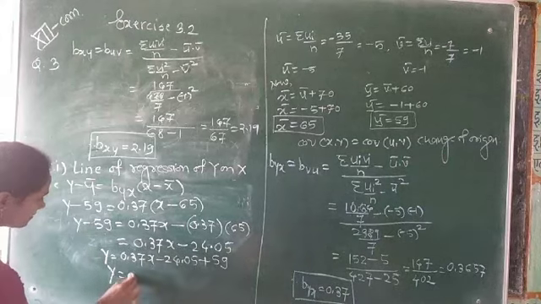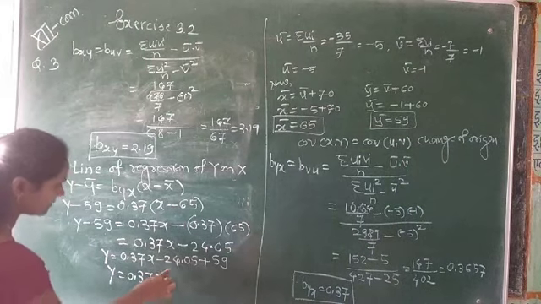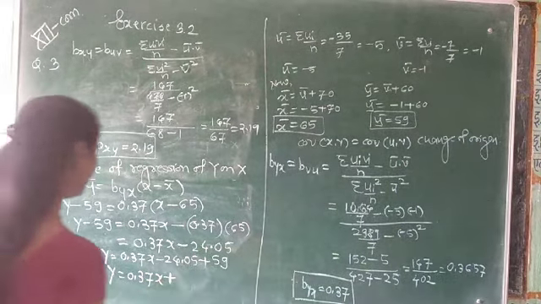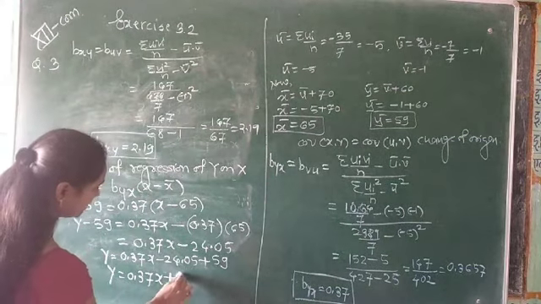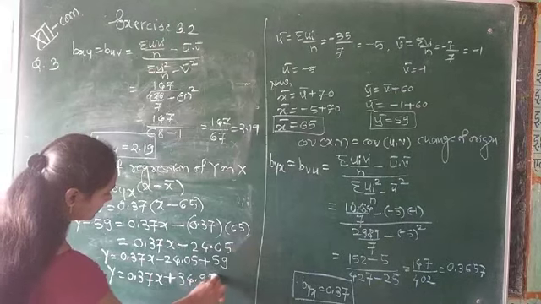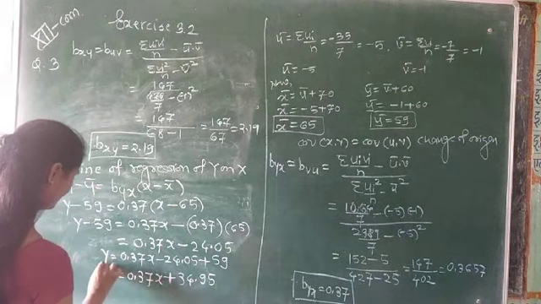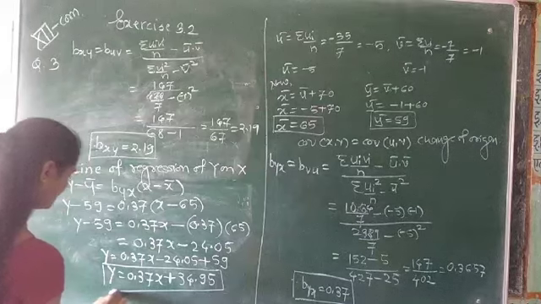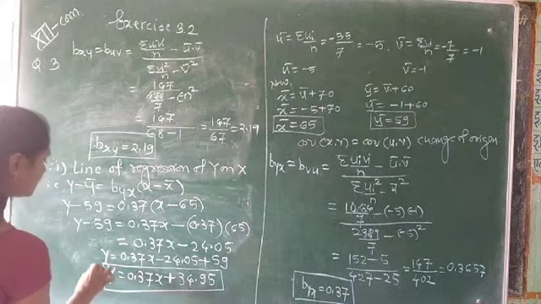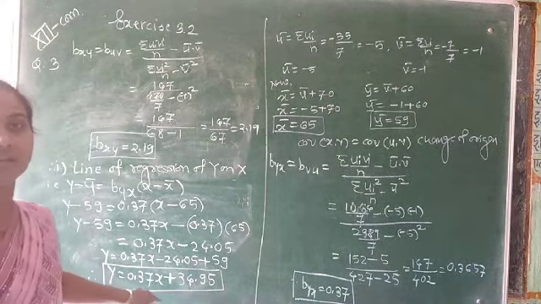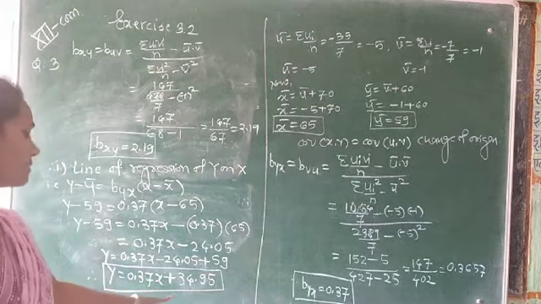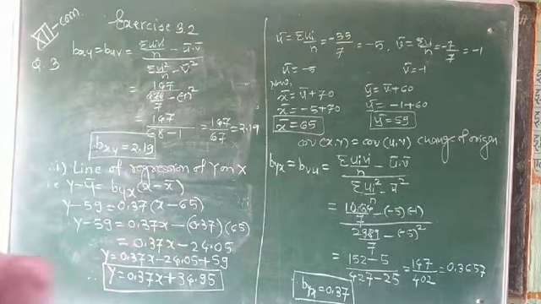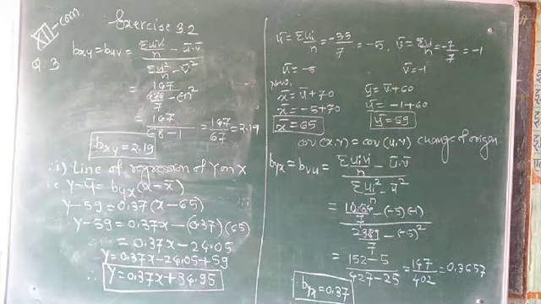That means y is equal to 0.37x plus 34.95. Therefore, this is the regression equation, line of regression of y on x, that is 0.37x plus 34.95.